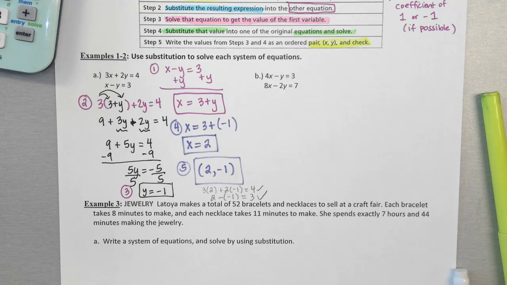All right, so looking at those 2 equations, what variable are we going to solve for in which equation? Yeah, we're going to solve for y in the first one. That's what I would choose. Again, you don't have to do that in order to be successful.